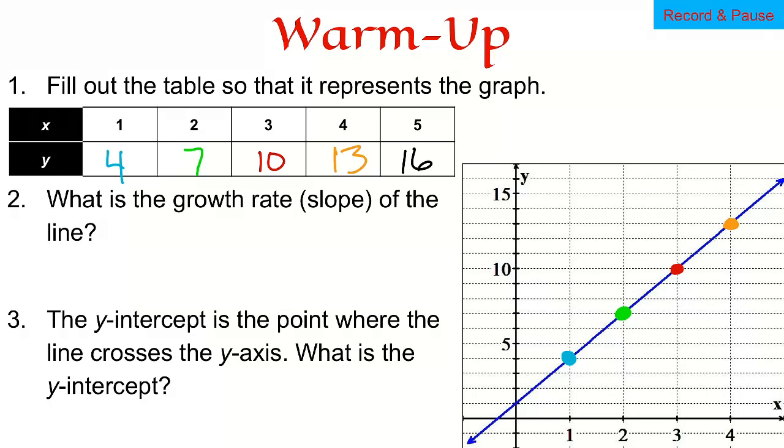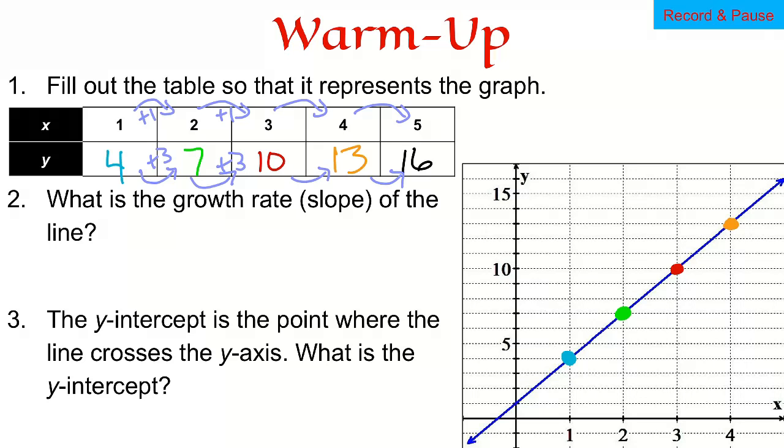What is the growth rate or slope of the line? Well, because we can see in the table that it increases by 3 as the x values increase by 1, and that continues to happen here and here.